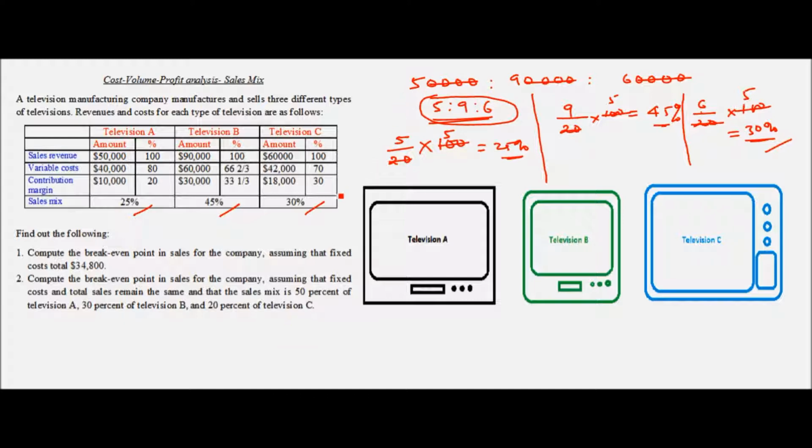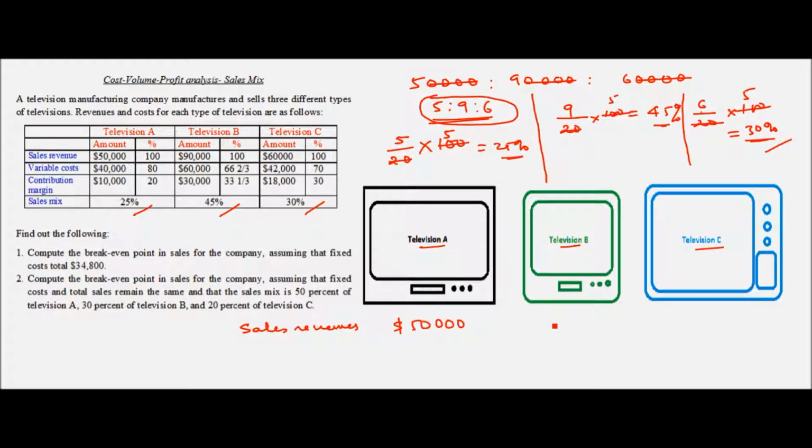So let us try and understand this example in a little more detail. So let's say that these are the three types of television that the company is selling. Now, out of the total sales revenues, television A has a sales revenue of $50,000.